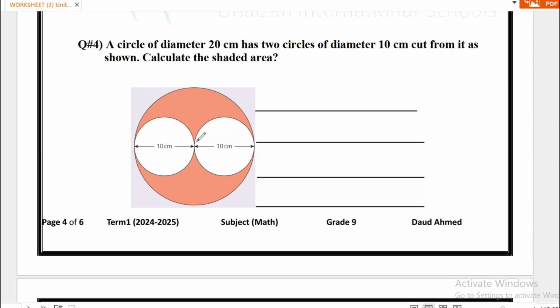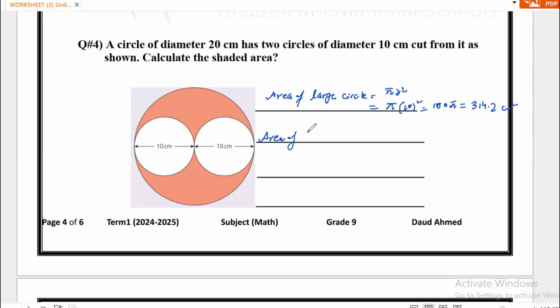So if we try to find area of the large circle first, that gives me formula for pi r squared, and it is equal r for large is 10, means 10 square, which is equal 100 pi, 314, and you can write one decimal place as well. So 100 multiply shift pi gives us 314.2, and then it is in centimeter square as well.